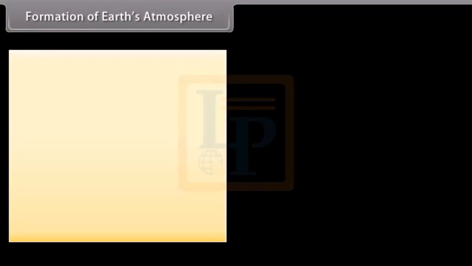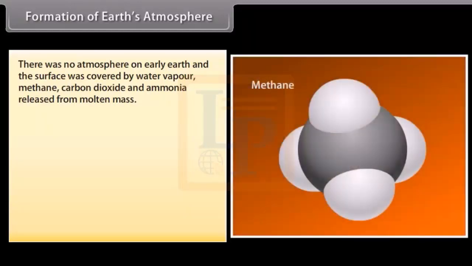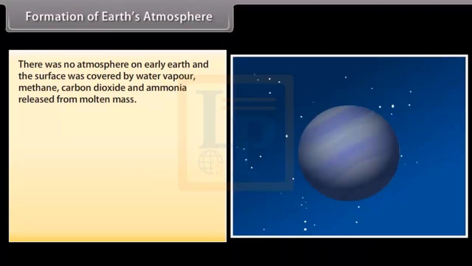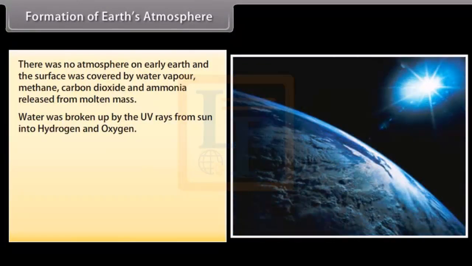Formation of Earth's atmosphere. There was no atmosphere on early Earth. The surface of Earth was covered by water vapor, methane, carbon dioxide and ammonia released from molten mass. Water was broken up by the UV rays from sun into hydrogen and oxygen.